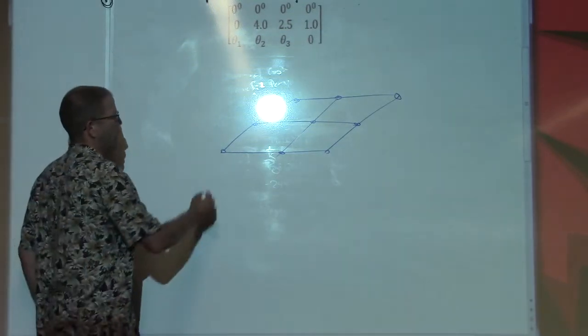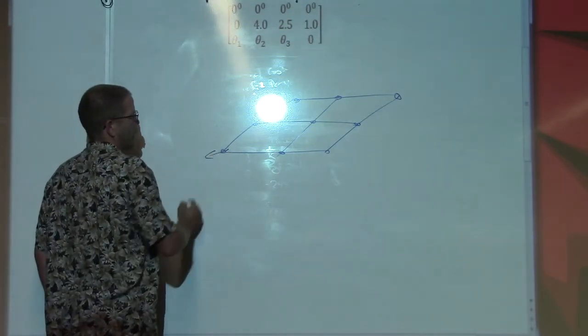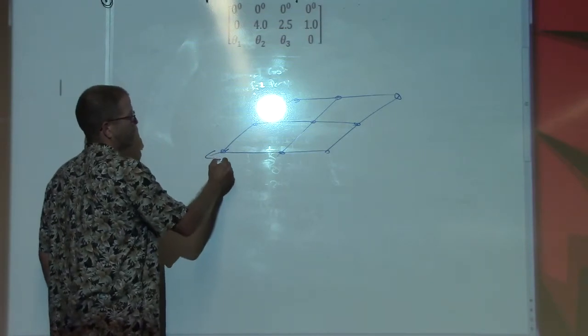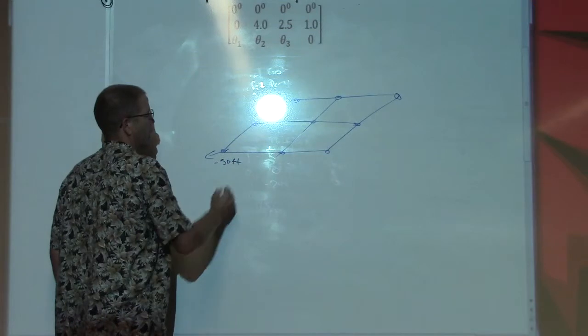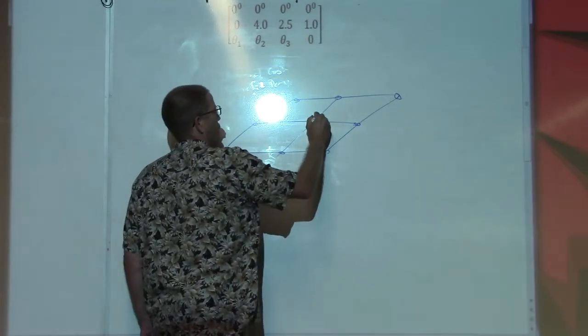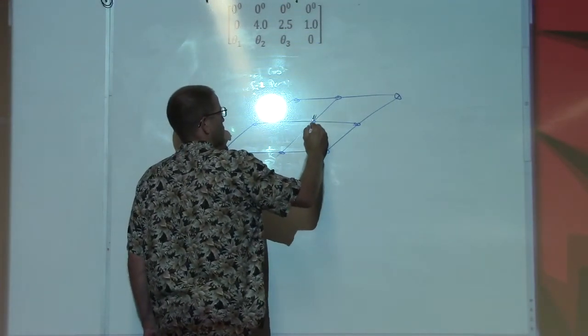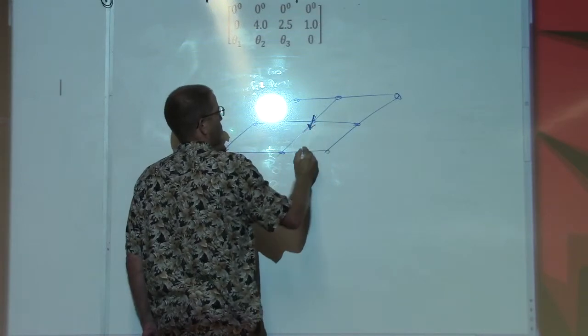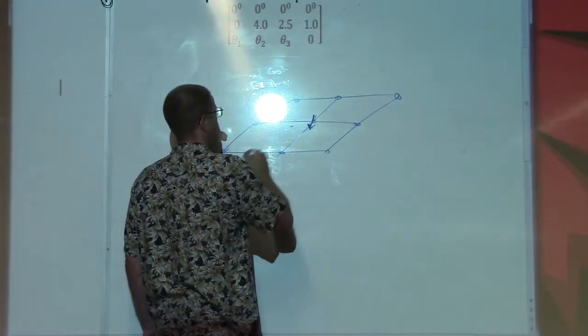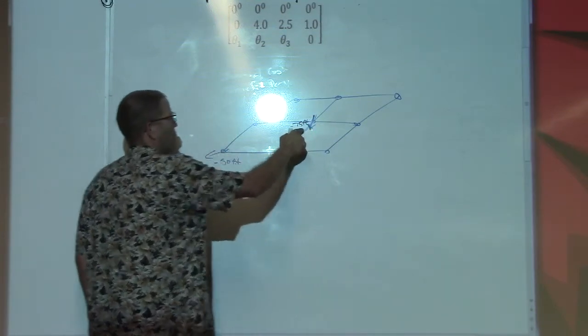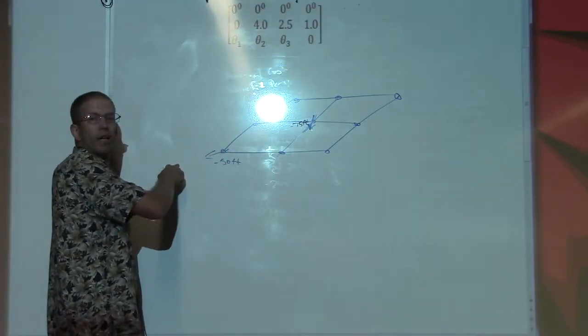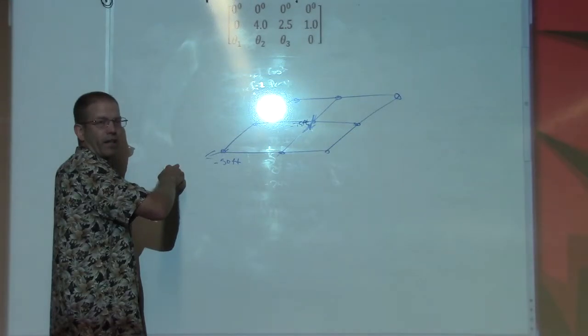For example, if we have a flow rate in this direction and a water level of, say, negative 50 feet here, and we have a flow rate that's kind of in this direction and an elevation of negative 75 feet, what are we probably going to suspect is going on here?